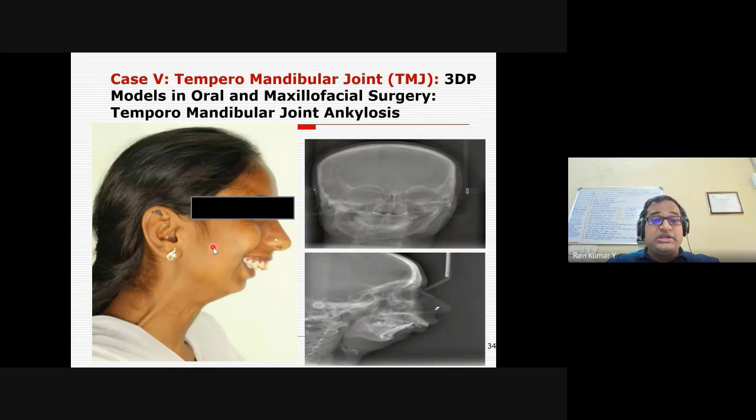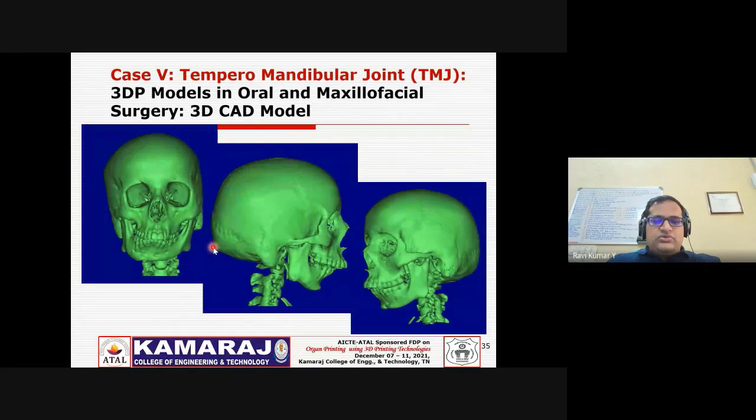She is now 21 years old. So how can 3D printing be helpful in solving this case? You can see this joint got fused, meaning it has become a single member, an integral part of her anatomy.